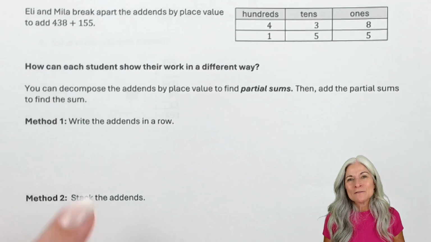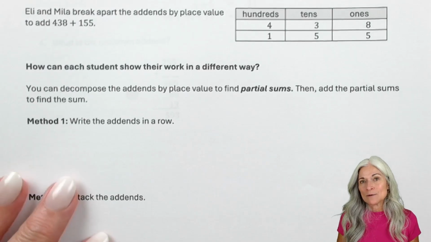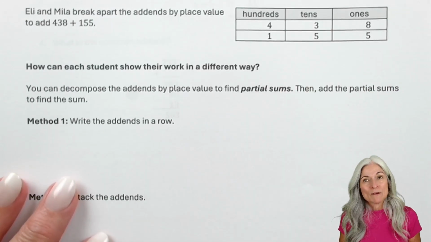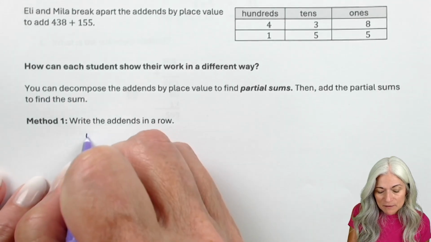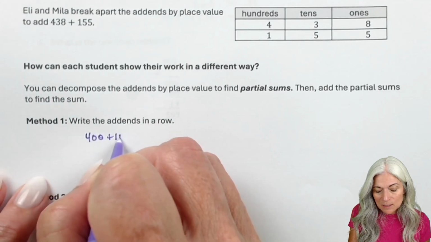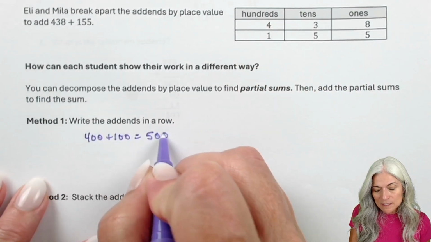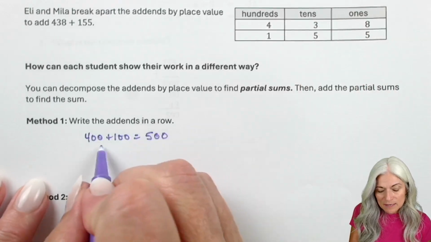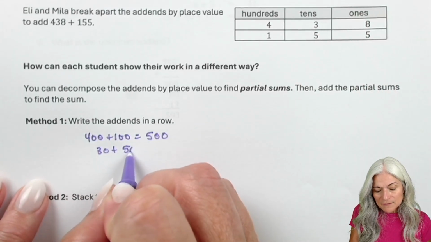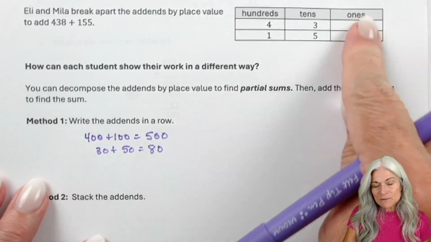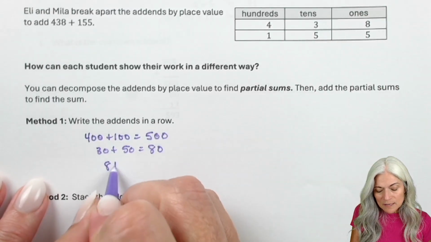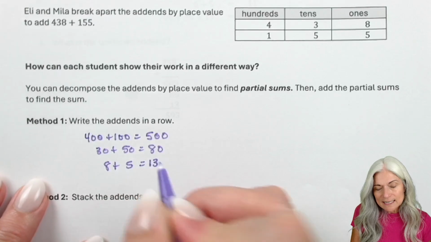All right, so first of all, method one is to write the add-ins in a row. We're adding these two numbers, and we break them apart by place value. We add our hundreds, 400 plus 100, which gives us 500. We add our tens, 30 plus 50, which gives us 80. And then we add our ones, 8 plus 5, which gives us 13.